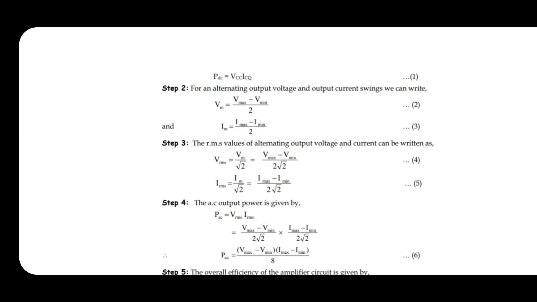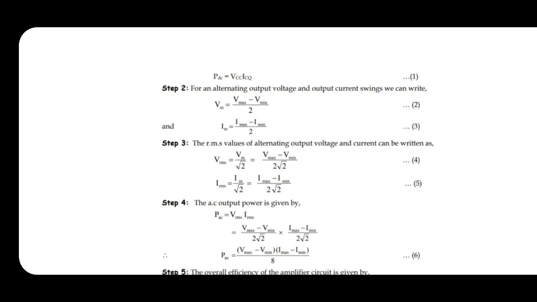For an alternating output voltage and output current swing, we can write Vm equal to Vmax minus Vmin by 2, Im equal to Imax minus Imin by 2. We have to convert it into RMS. Vrms equal to Vm by root 2, equal to Vmax minus Vmin by 2 root 2.